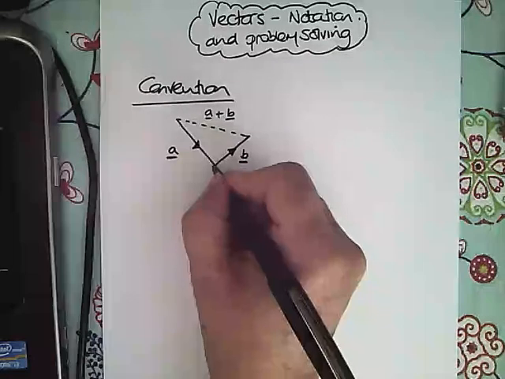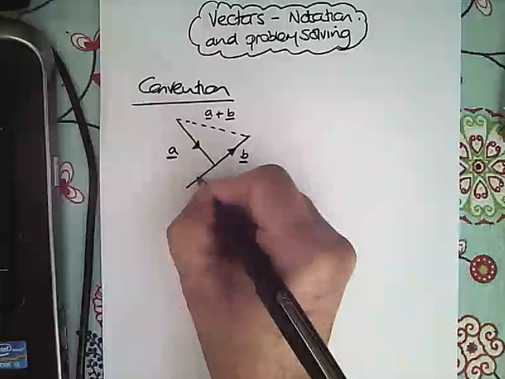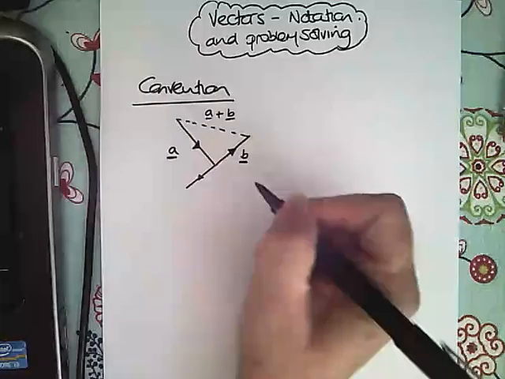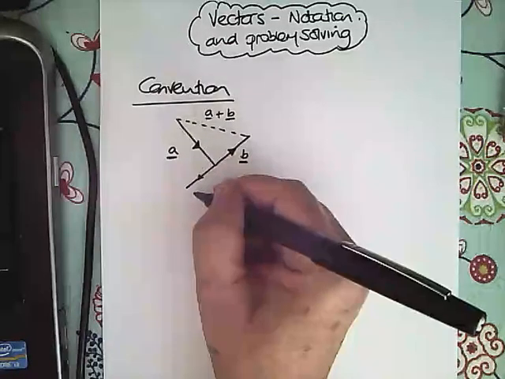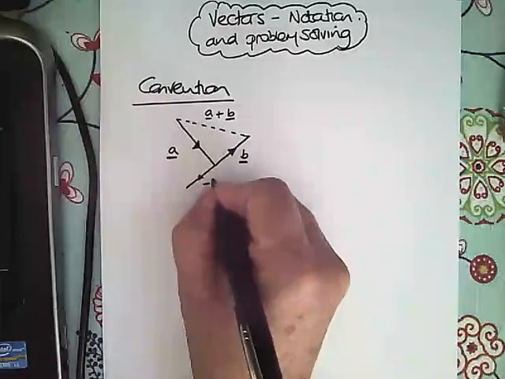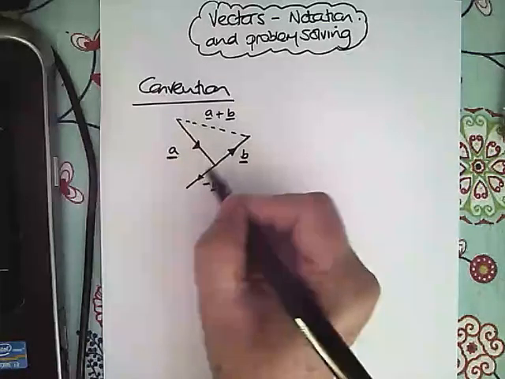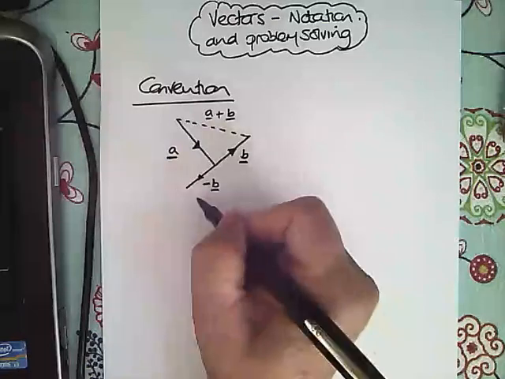If I went in this direction, the same distance as B but in a different direction, this would be minus B. So it is B, but it's in the wrong direction, so it's just called minus B.